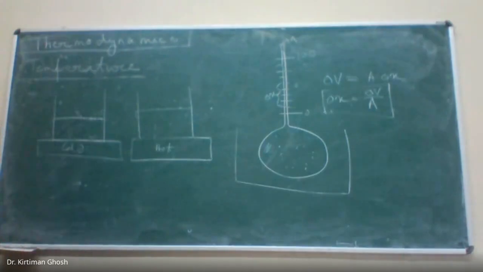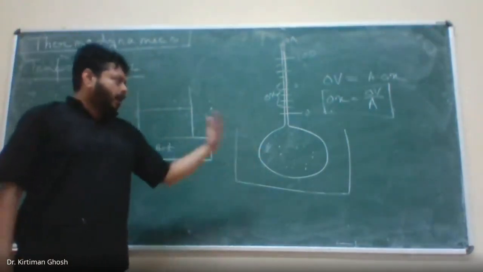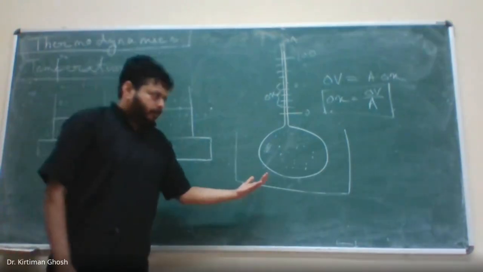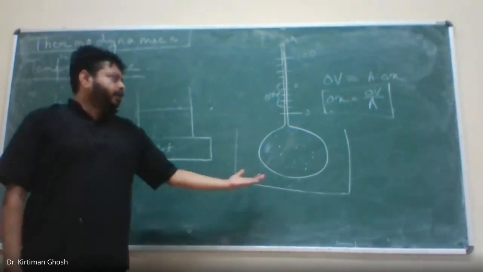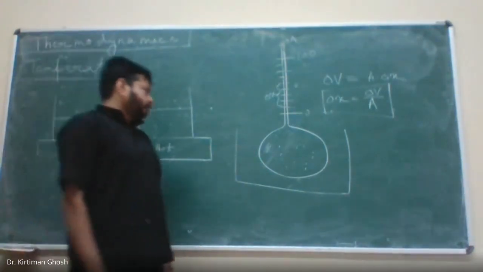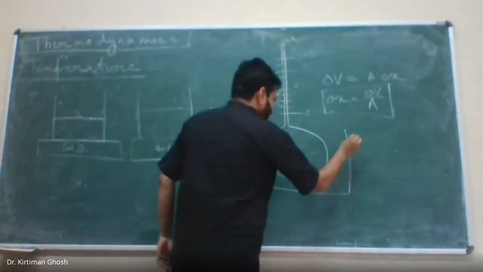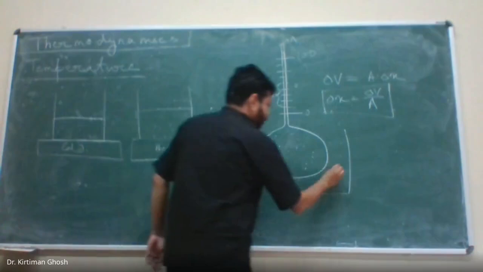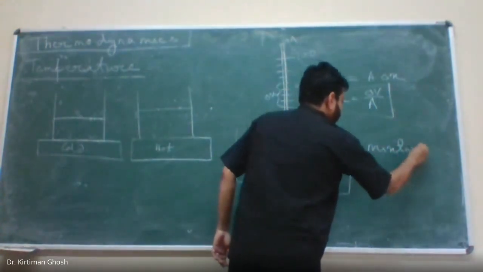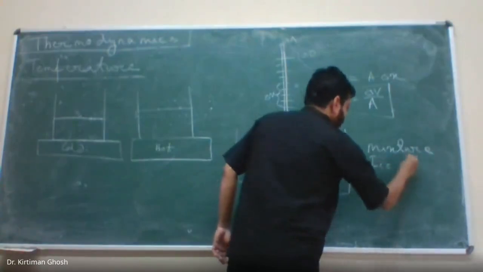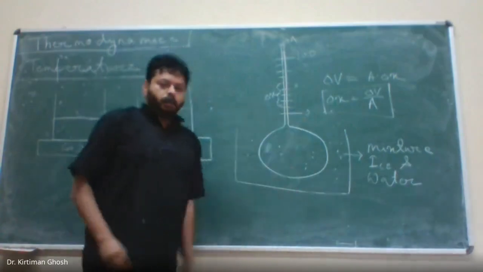But the problem is, this thermometer cannot be used by others because it has been calibrated by me according to my convenience. Physically, everything is correct, but we should have some globally accepted calibration of this thermometer. So for that, I can choose the cold object as a mixture of ice and water, and that will be set as 0.